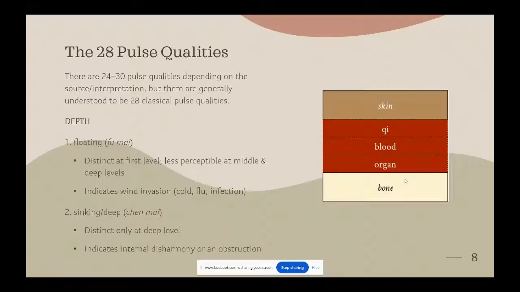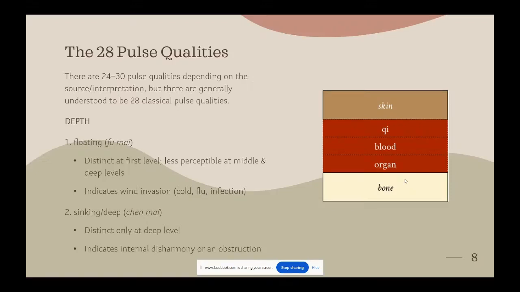All right, so let's get into the pulse qualities. We'll go through them one by one, and there are generally understood to be 28 classical pulse qualities. Sometimes people say more or less according to interpretation or the source, but we're actually going to focus on 18 of the 28.